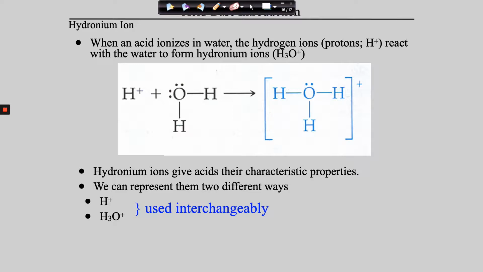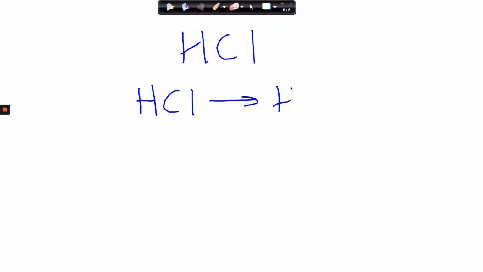So guys, the idea is this. If you're not catching on to what we're talking about, imagine that we have HCl. Here's an example of what we're talking about. And when we talk about the chemistry of HCl, we could say that HCl breaks apart into hydrogen ion, protons, and chloride. Is that true?